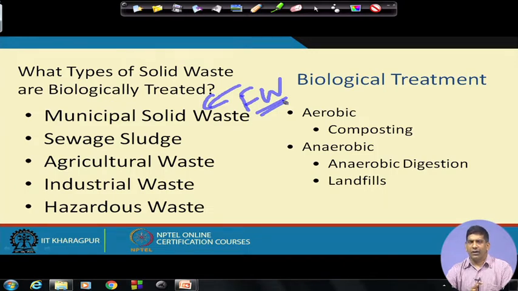But in highly dense urban areas, composting requires more land, and whenever you set up any plant, as we talked about, you need to do the market analysis and the economic survey, to see whether the products produced from the plant can be sold. So, if you are making compost, say in Delhi, and you cannot sell that compost in Delhi, then the plant cannot survive for a long period of time, because it has to make money.